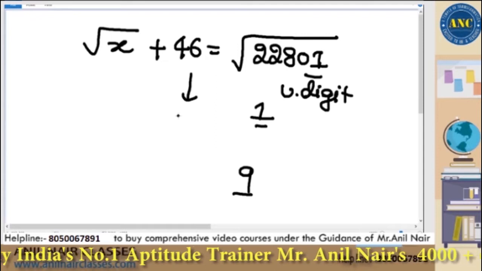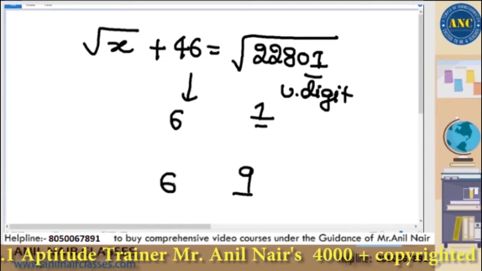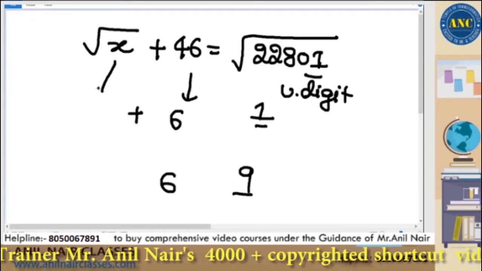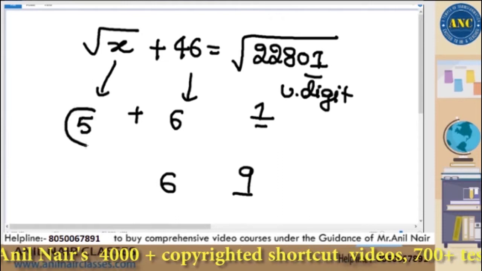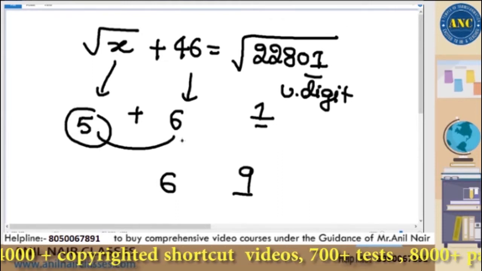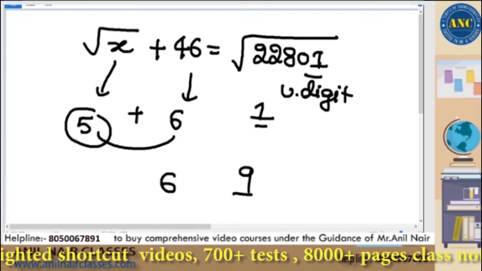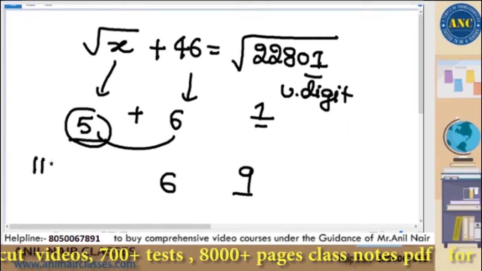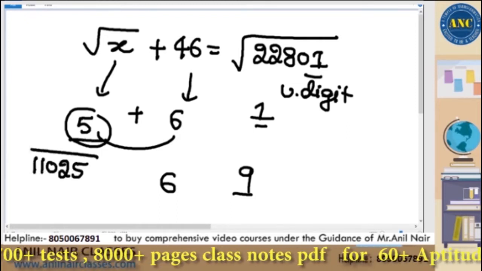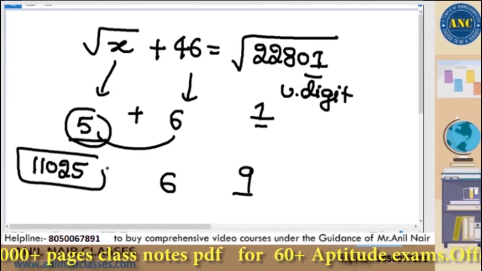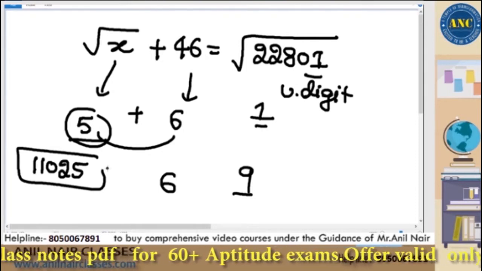What is the unit digit of this number? 6. So the unit digit of this should be 5, because 5 plus 6 is 11. What is the only option with unit digit 5? 11025. It is 11025. I hope it is clear.